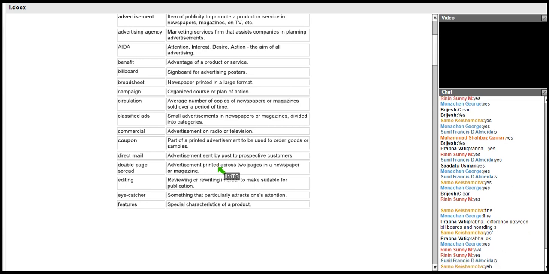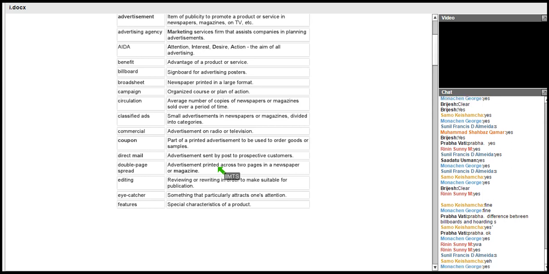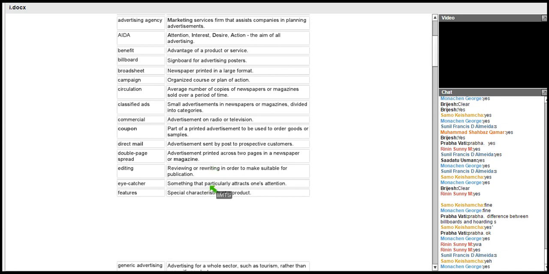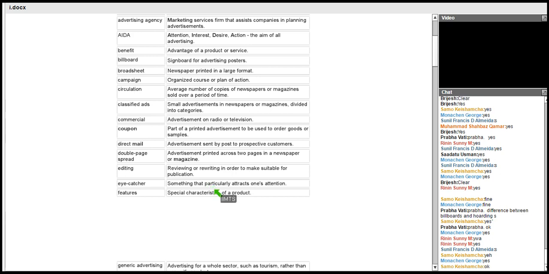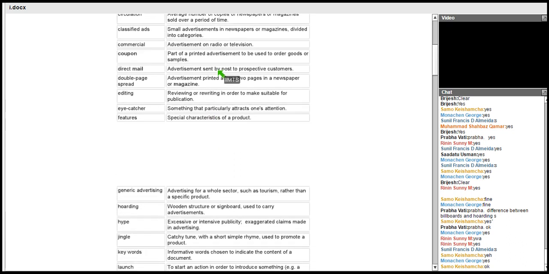Is it clear? Editing: reviewing or rewriting in order to make it suitable for publication. An eye catcher: something that particularly attracts one's attention. Fine. Features: special characteristics of a product.